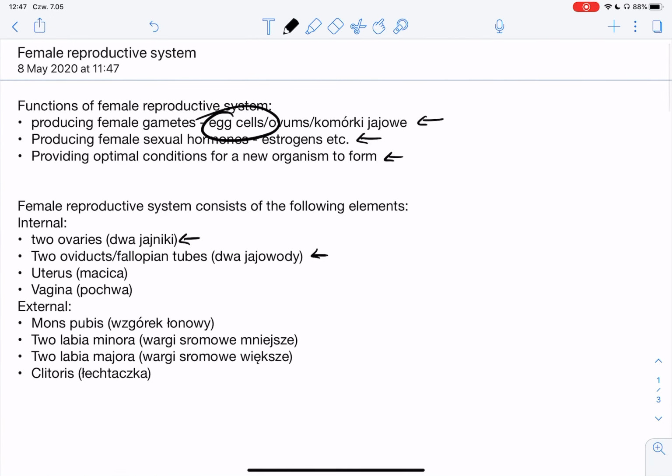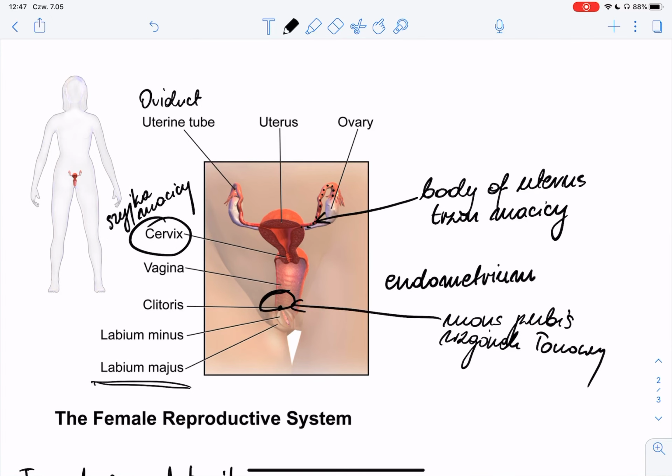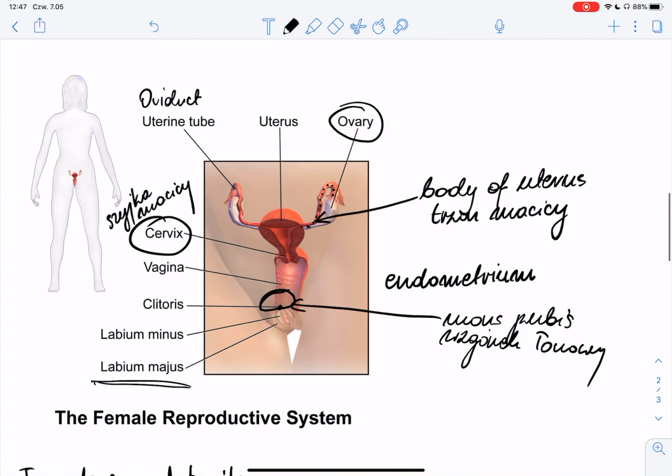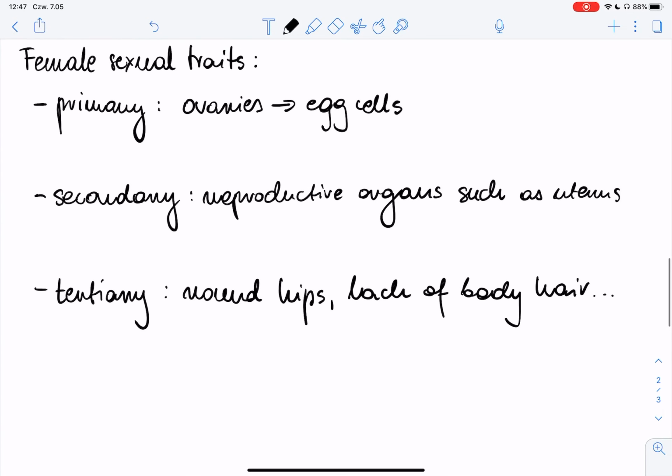Anyway, I want you to be able to tell the functions of female reproductive system, what the female reproductive system is made of, and where those parts are located. So we have two ovaries, two oviducts, one uterus, one cervix, one vagina, and so on and so on. And then the female sexual traits.